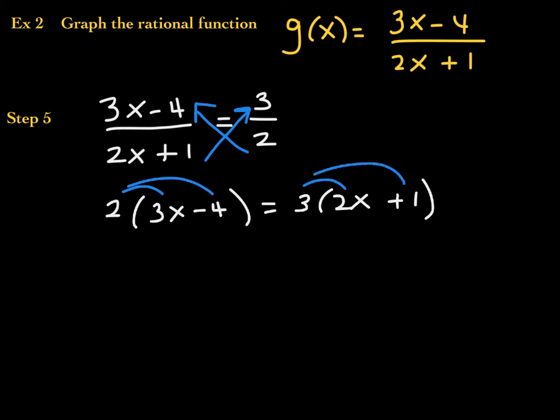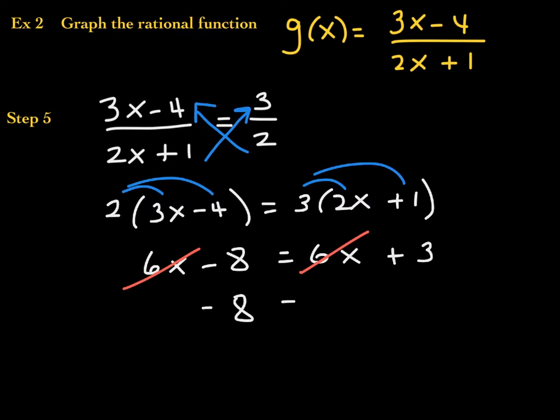Okay, everybody? So then we end up with 6x minus 8 is equal to 6x plus 3. Now I can see right away that these 6x's cancel, and I'm left with a contradiction that negative 8 is equivalent to 3. Nope, that's a contradiction. This tells me that the graph will not cross my end behavior asymptote.